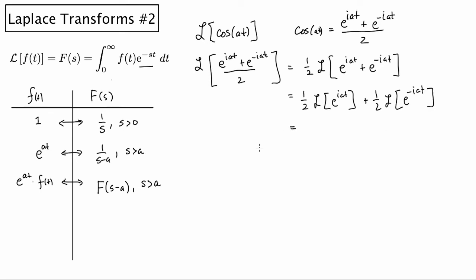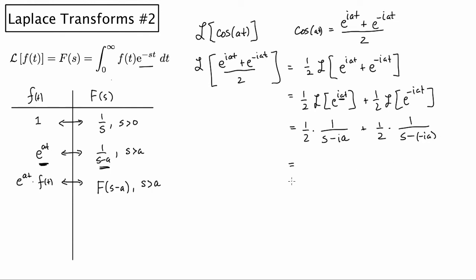I know from the work we've done previously that if I have the exponential, then its transform is 1 over s minus a, so this is 1/2 times 1 over s minus, and a is played by ia in this case. And here this is 1/2. In this case, s is s minus a negative ia.